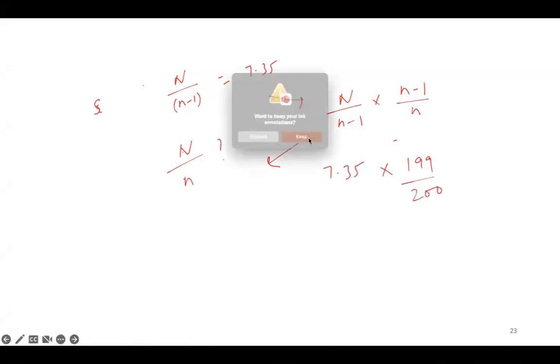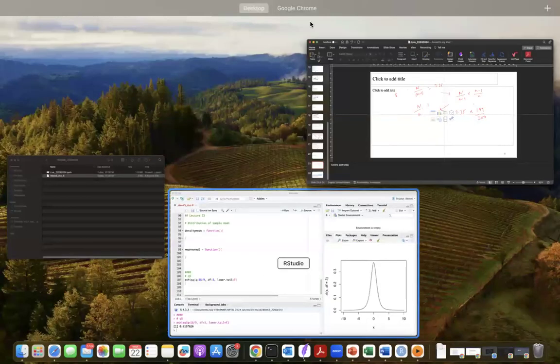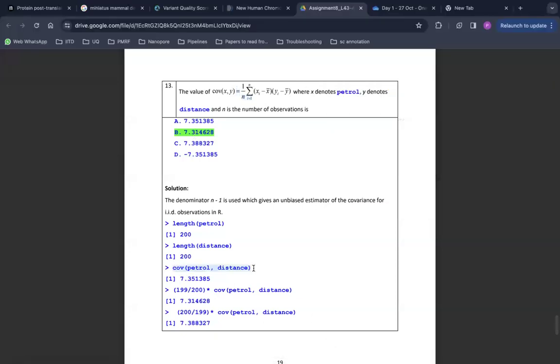N was 200 in that question, right? So you multiply the covariance by 199 and divide by 200, and you'll get this value. This was mentioned last week, and this is a slightly tricky question with tricky solutions also.